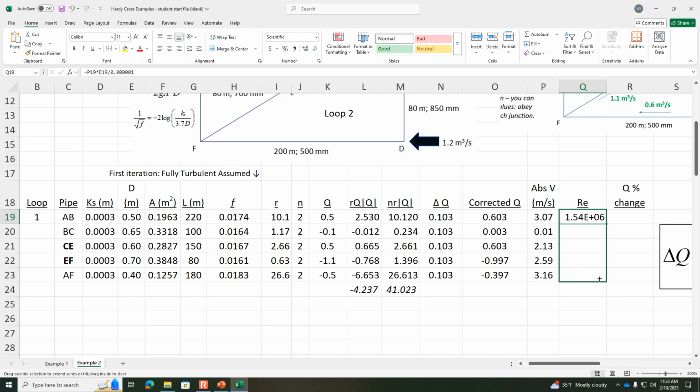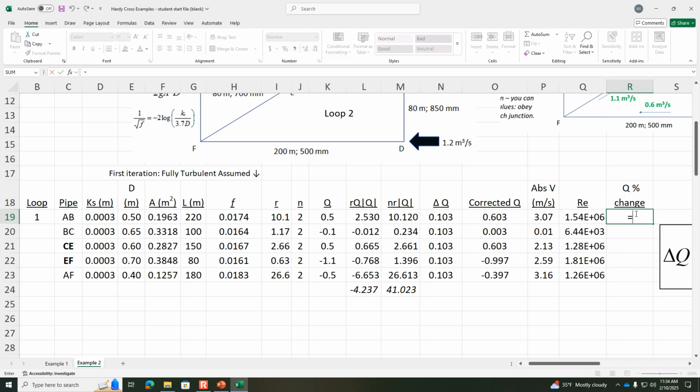All right. And then the last column, percent change, is not going to be involved in the calculations to adjust the flow rates, but I use it as a visual cue on whether the solution has converged. I want to know how much the flow rate changed from the initial input guess to the corrected guess, assuming the corrected is correct. So equals the corrected Q minus the initial Q divided by the corrected Q times 100.